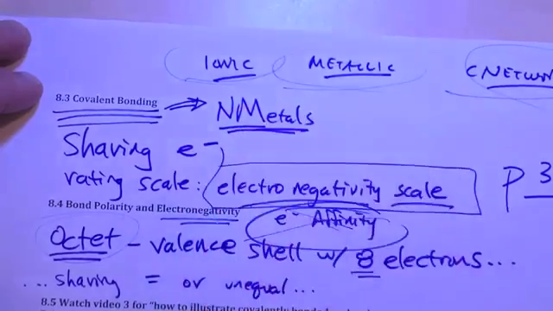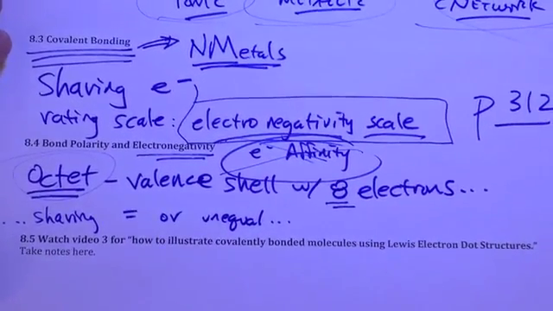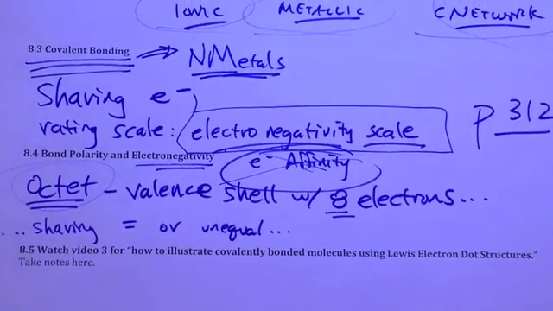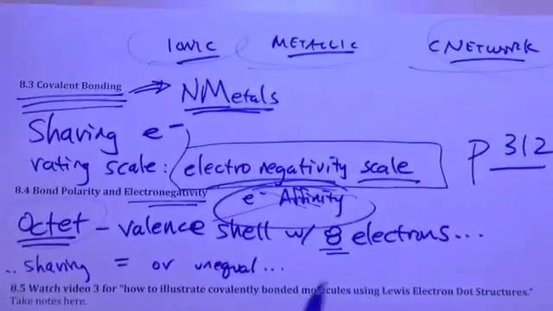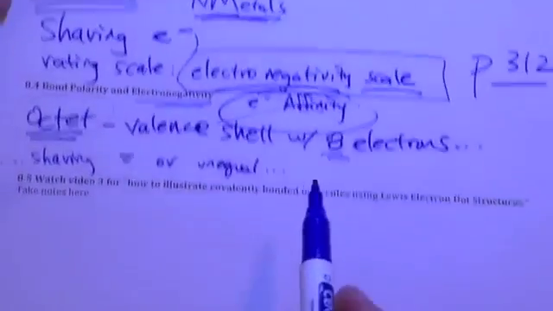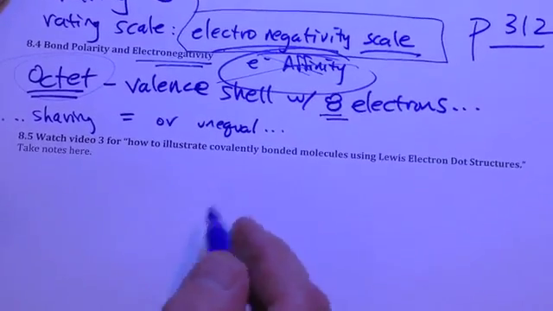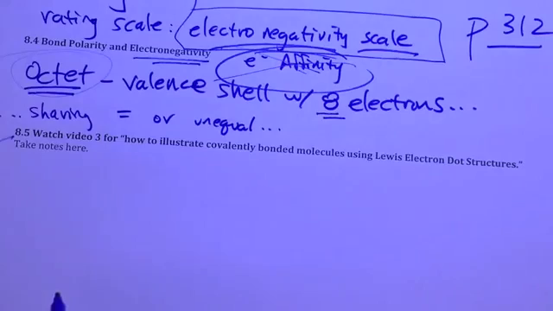Only occurs between 2 or more nonmetals. And so you can always tell in some of these covalently bonding, just because, bang, it's only got nonmetals in it. It'll never have that metallic or ionic bonding that occurs. Watch video 3 for how to illustrate covalently bonded molecules using Lewis electron dot structures.